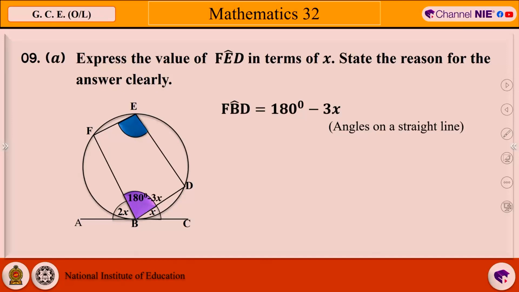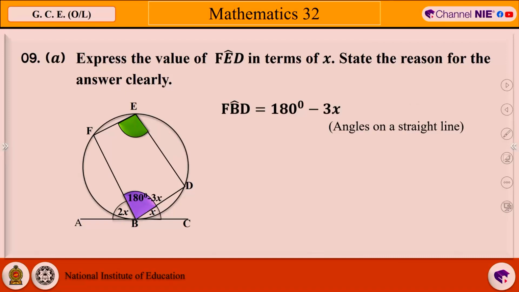Then look at this, you have another angle. What's the relationship between these two angles? Yeah, they are the opposite angles of a cyclic quadrilateral. What do you know about the sum of the opposite angles of a cyclic quadrilateral? Yeah, the sum of them equals 180 degrees.